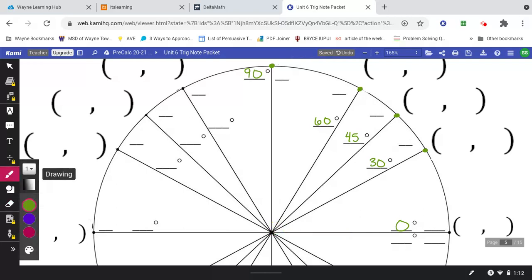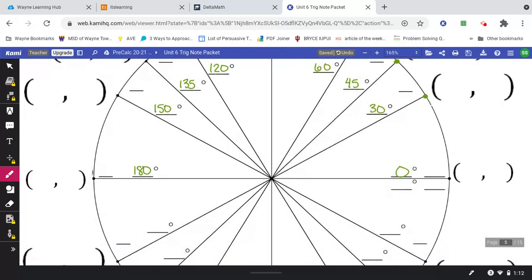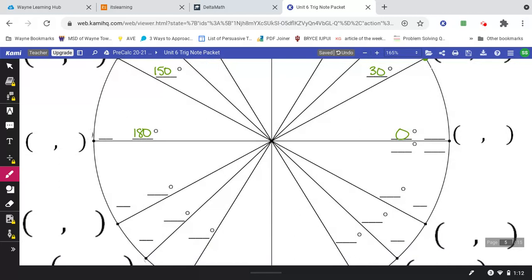Let's keep going. We'll keep adding 15 and 30 throughout. Add 30 to the next one to get 120. Small jump, add 15. Small jump, add 15. Big jump, add 30. We'll continue around. Big jump, add 30.